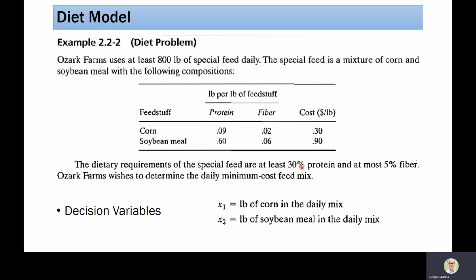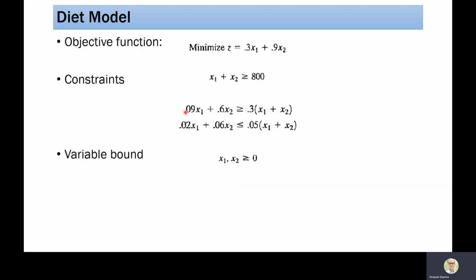Now this should be at least 30% protein of the special feed. So how are we going to write this? 0.09 x1 plus 0.6 x2 on the left, and on the right-hand side, because it is 30%, 0.3 times (x1 plus x2). So x1 plus x2 is the amount of our daily mix, and we should get at least 30%. Since at least 30% means it will be 30% or it can be more than that, we are using the greater than type sign.